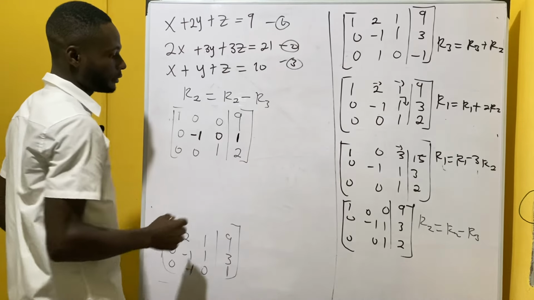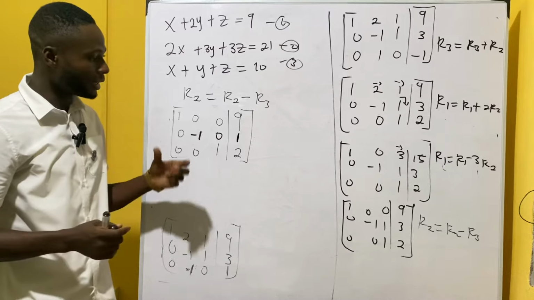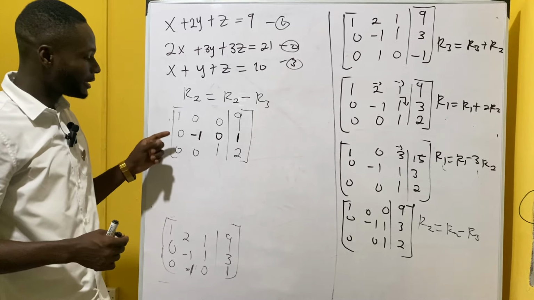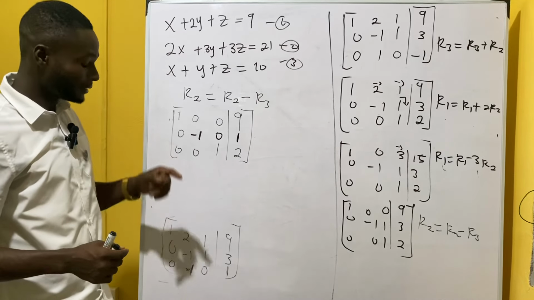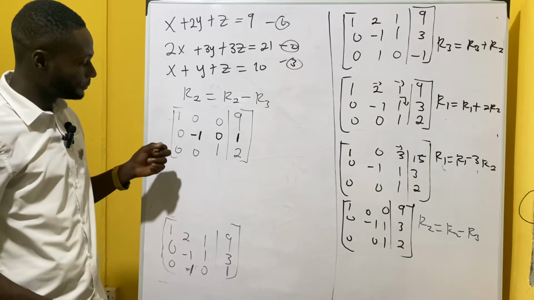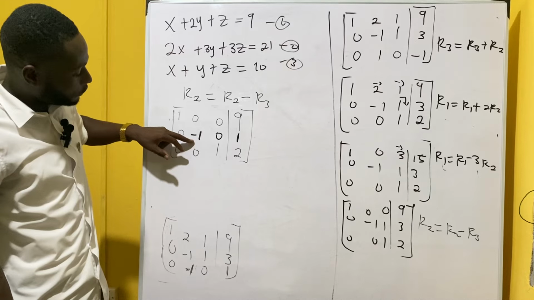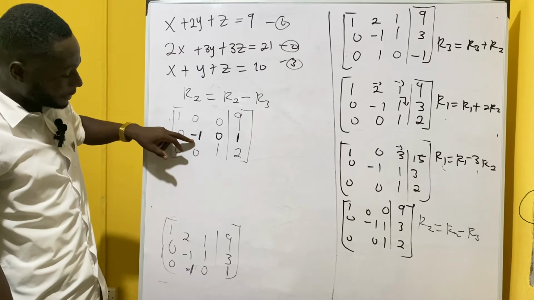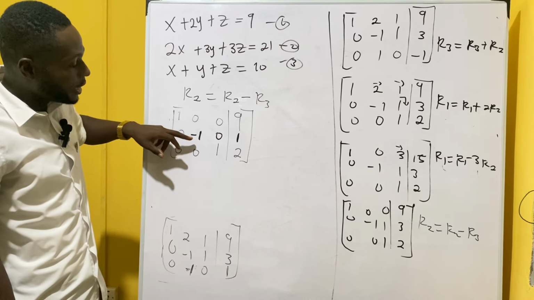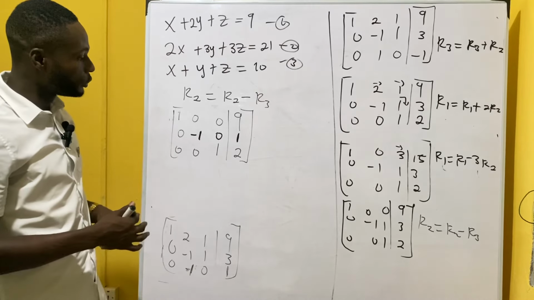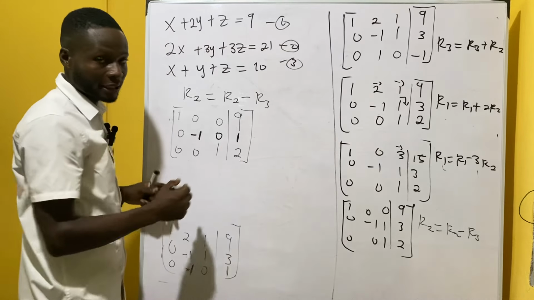3 minus 2 is positive 1. So what we have to do right now is make the second element on the second row a leading one. So what do we do? We multiply through by negative 1.